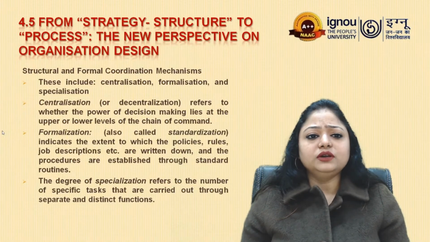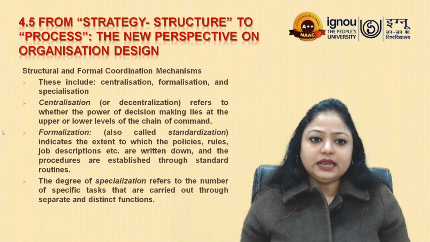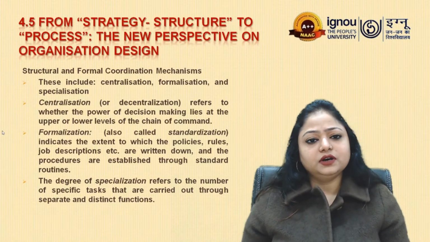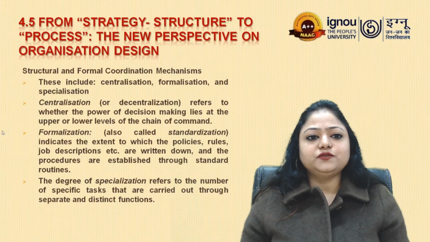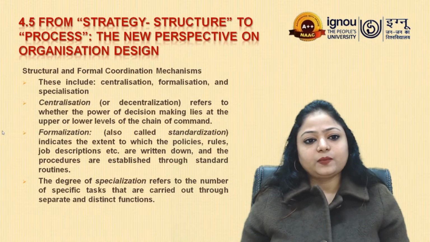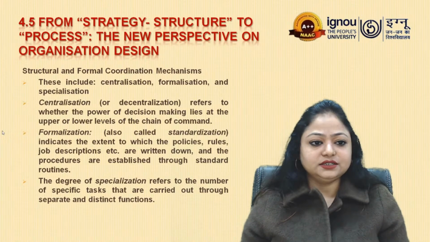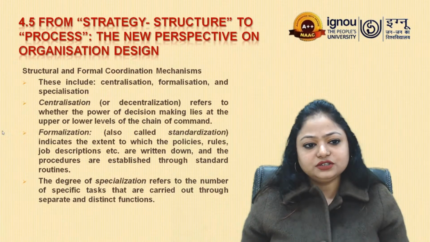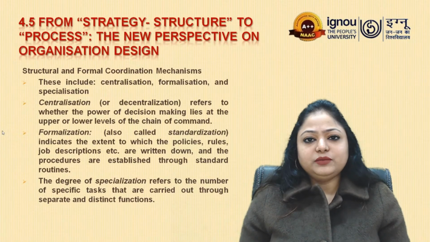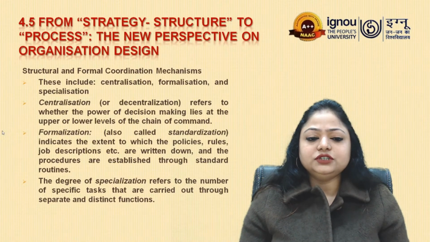So structural and formal coordination mechanisms, what can they be? The second generation of organizational design, this school of thought, has suggested this first mechanism, which is structural and formal coordination mechanisms. This includes centralization, formalization, and specialization. What is centralization? We have discussed it in the past few slides as well. It refers to the power of decision making lying in few hands at the upper or lower level of the chain of command.